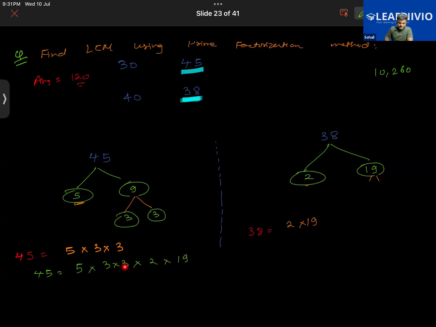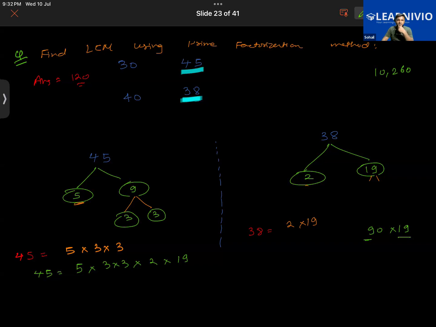What answer are you getting? 3 threes are 9, 9 fives are 45, 45 twos are 90. So 90 multiplied by 19. 9 nines are how much? Multiply 19 with 9. Read the table of 19. Have you memorized the table of 19 or not? No, not yet. When are you going to revise the table?